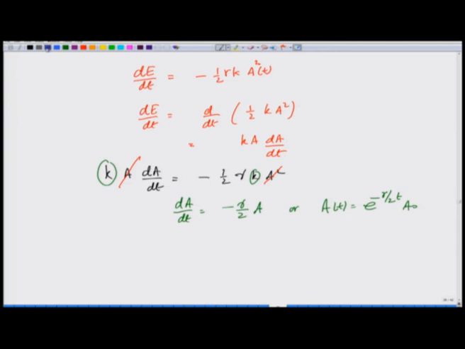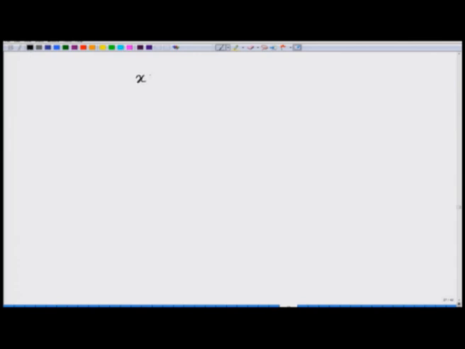So, what is happening? With time, amplitude goes down as e raised to minus gamma by 2 t. What is my final solution? It is A t cosine of omega 0 t, which is A 0 e raised to minus gamma by 2 t cosine of omega 0 t.